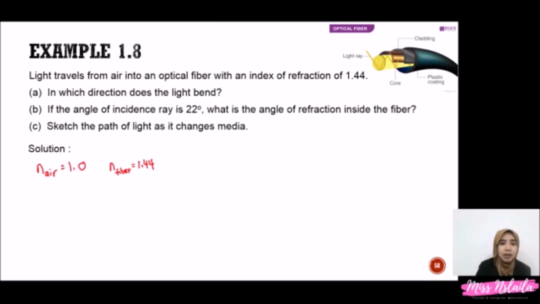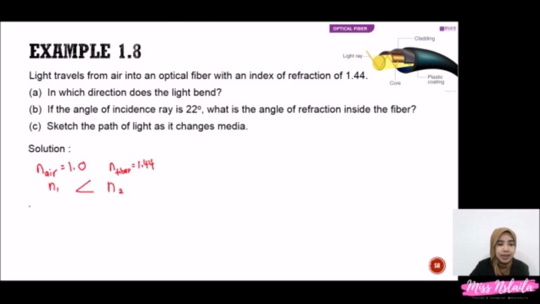So which one is N1, which one is N2? If the incident ray comes from the air, air will be N1, while optical fiber will be N2. So compare the two values of refractive index. N1 is less dense than N2. So what happens if the incident ray travels from a less dense into a denser medium?